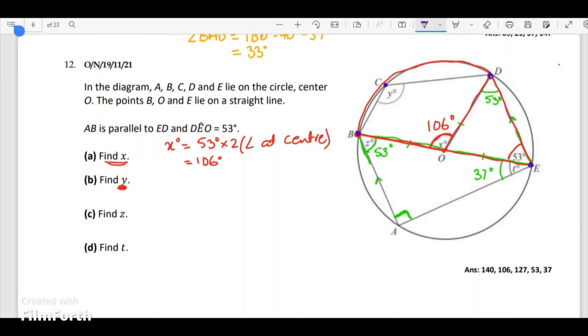So BCDE is a cyclic quadrilateral. This means angle y and this should add up to 180 degrees. So y degrees would be equal to 180 degrees take away 53 degrees, and the answer would be 127 degrees.